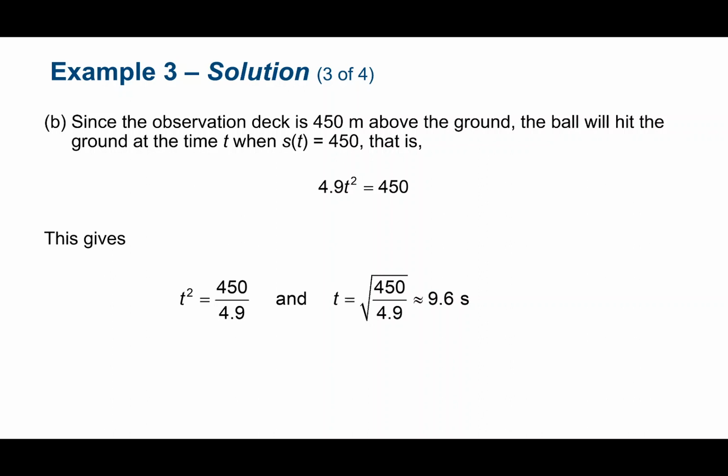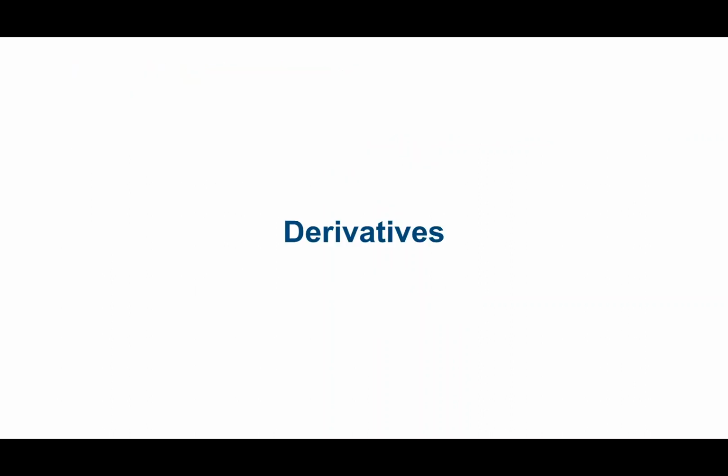That's what we're getting at here: the slope of the tangent line solves both of these types of problems for us. So that leads us to our big topic, derivatives. So what in the world is a derivative? Big calculus topic.